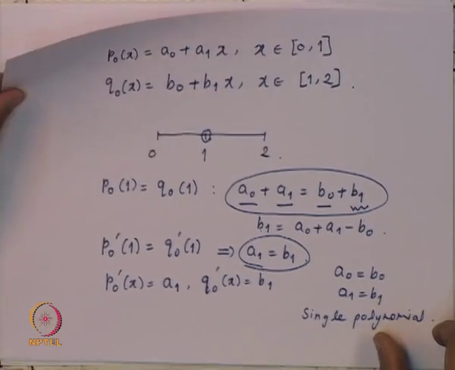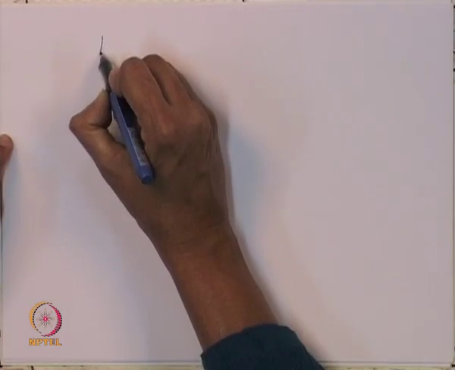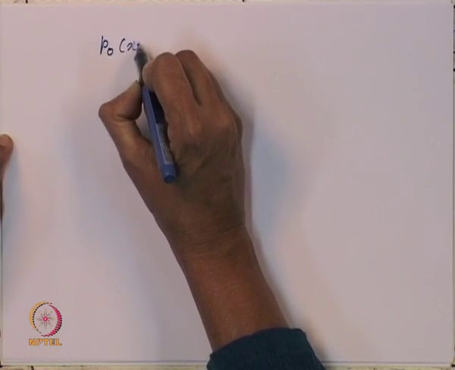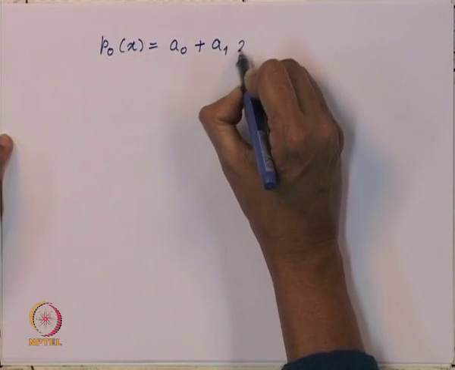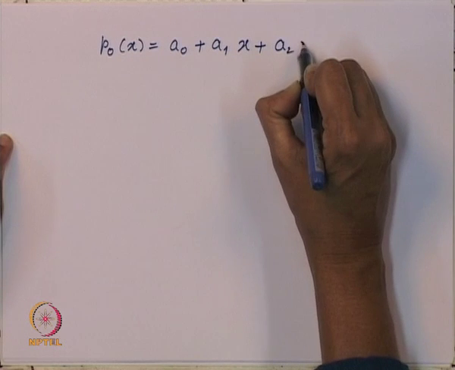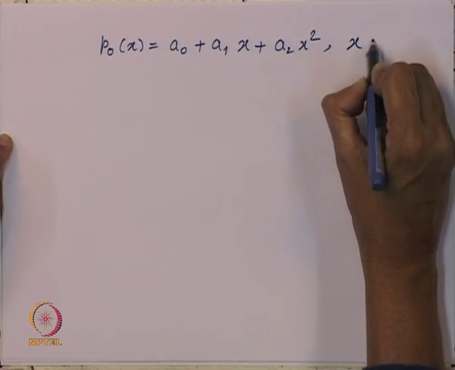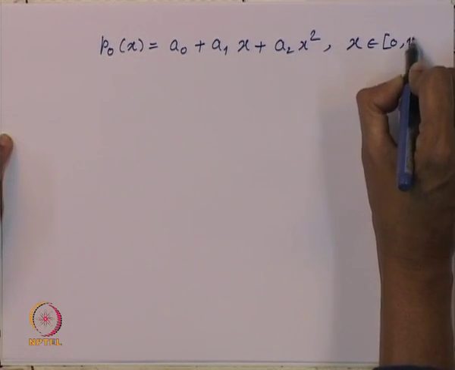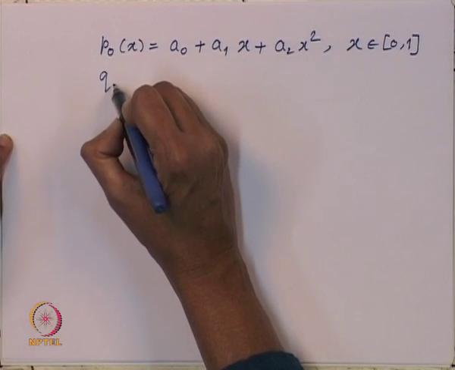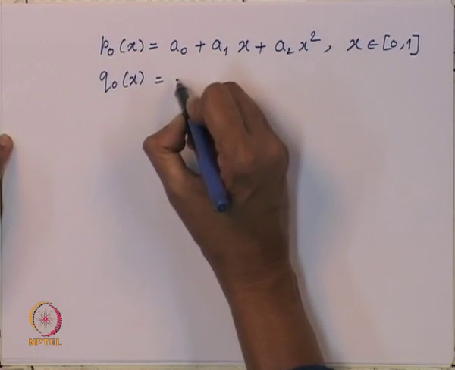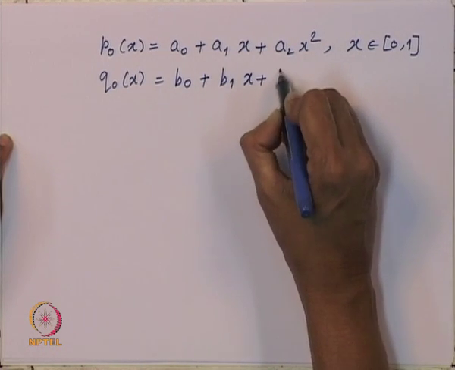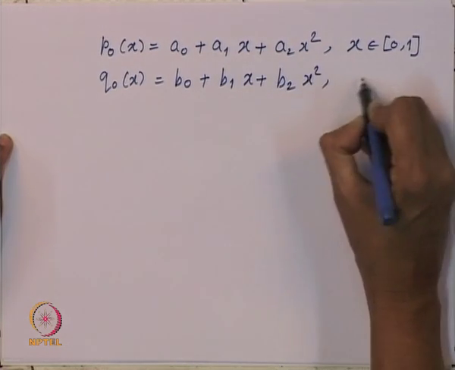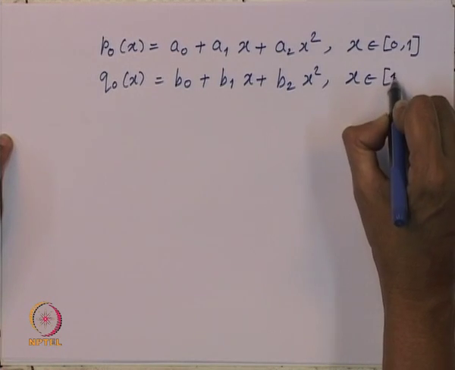Next, let us look at the case of quadratic polynomials. Look at P0(x) equal to a0 plus a1 x plus a2 x square, x belonging to 0 to 1, and Q0(x) equal to b0 plus b1 x plus b2 x square, x belonging to 1 to 2.